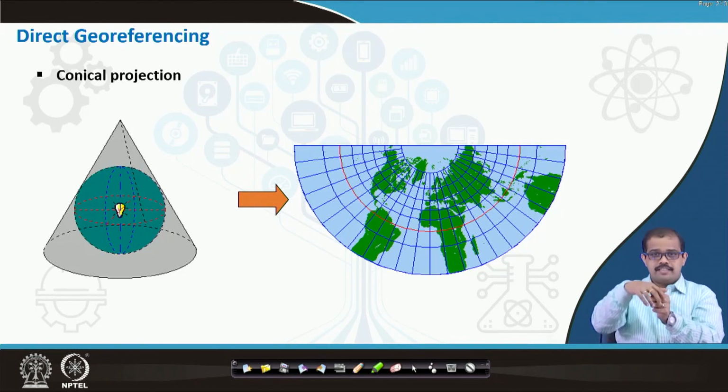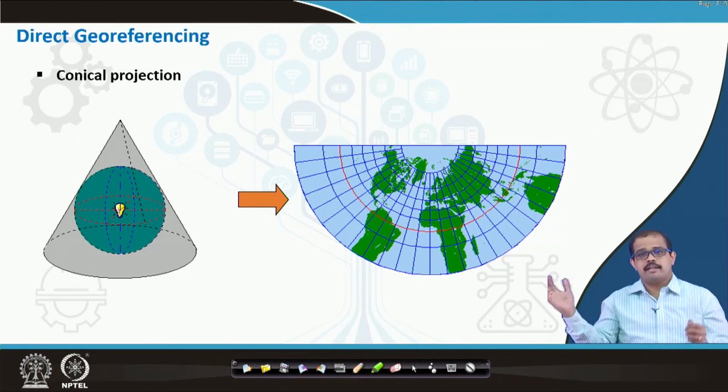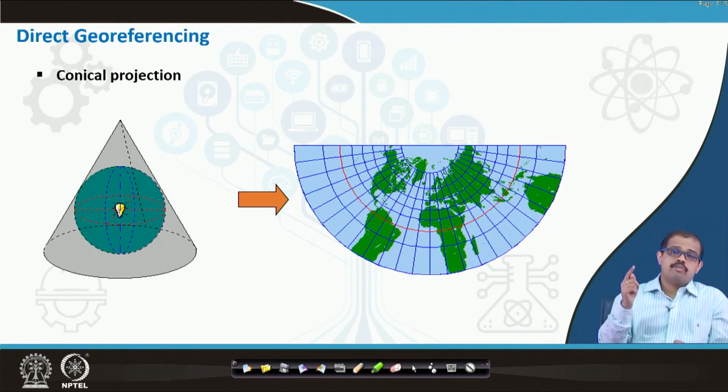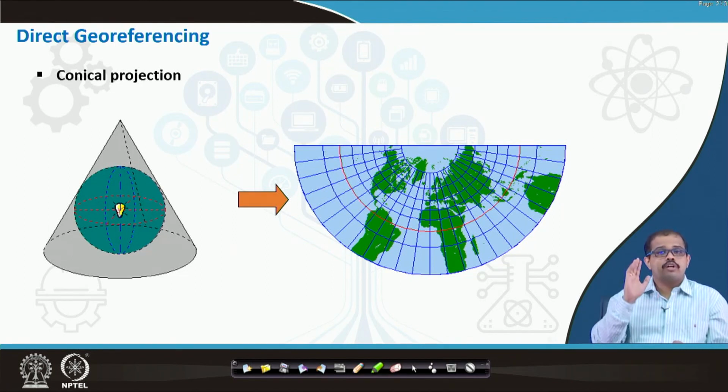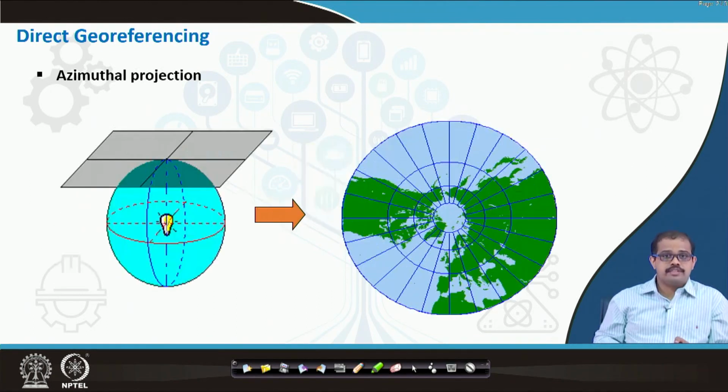Whatever is printed from the 3D earth surface onto the 2D surface is a representation from 3D to 2D. This means your data is now projected in the form of a conical projection. Okay, I'll discuss each of these in detail. I'll also explain the advantages and disadvantages in my coming lectures.